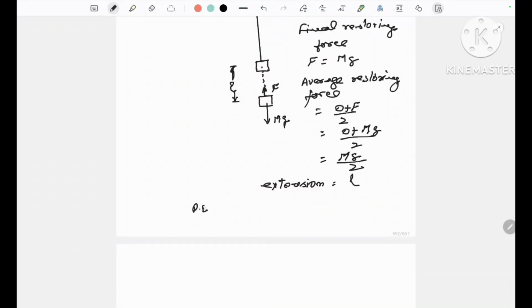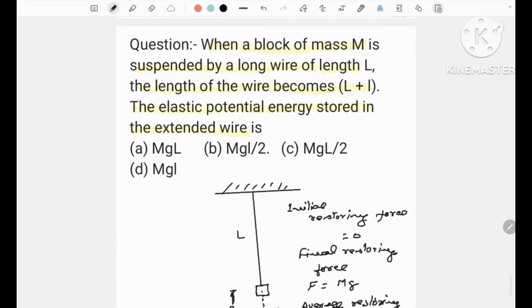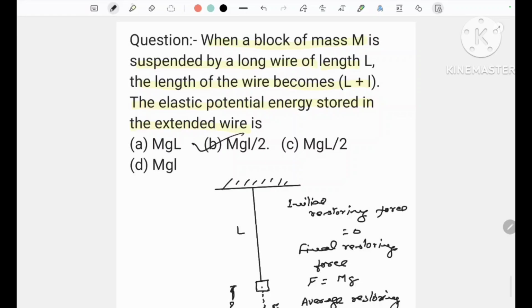So potential energy stored is the work done against restoring force, average force into extension, which is mg l by 2. This B is correct option.